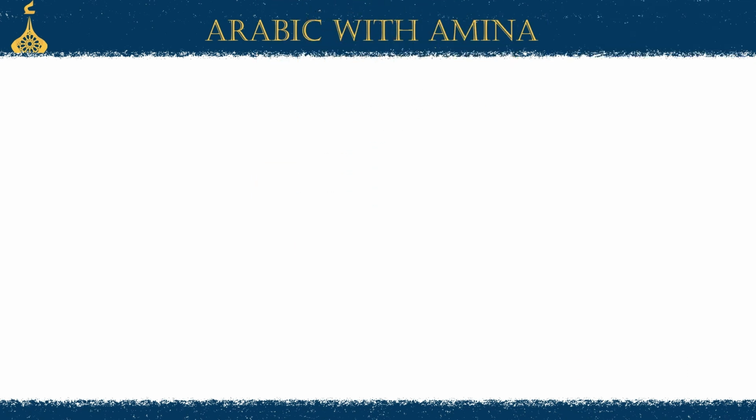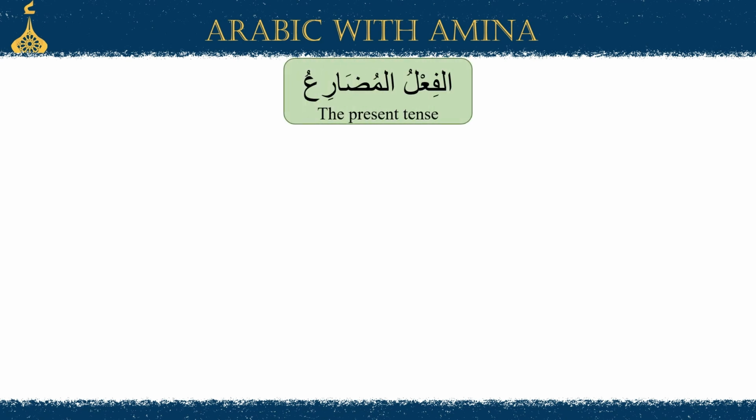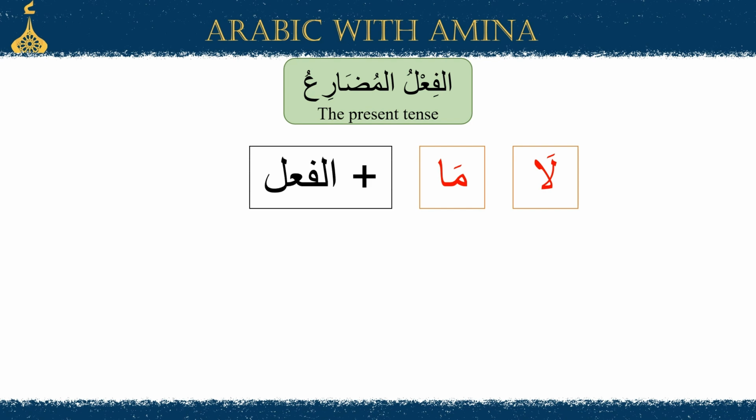So, in a nutshell, how do we negate the verbs? For the present tense, we use two particles to negate. They are لا or ما. Whichever one you use, it will come before the verb or الفعل. So we either have لا followed by الفعل, the verb, or ما followed by الفعل.